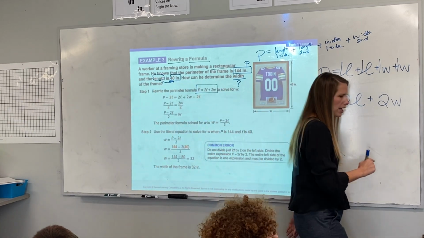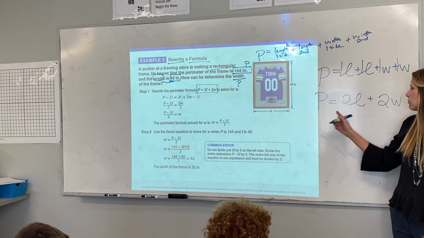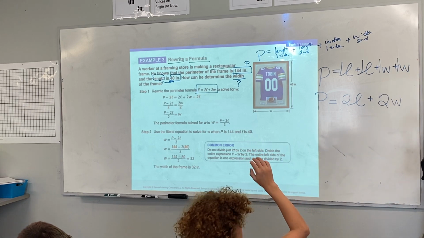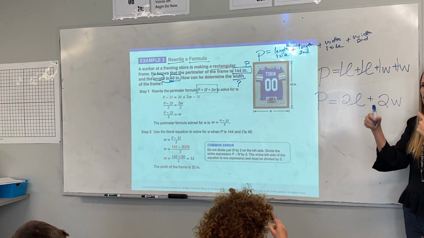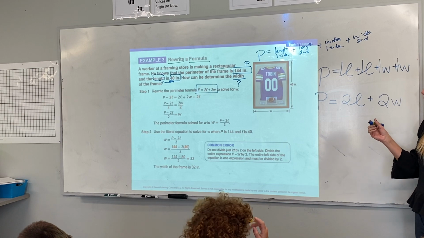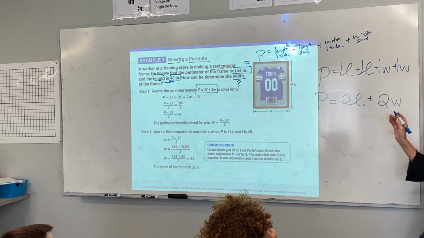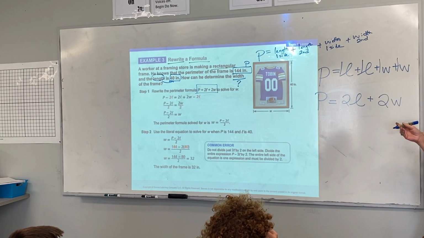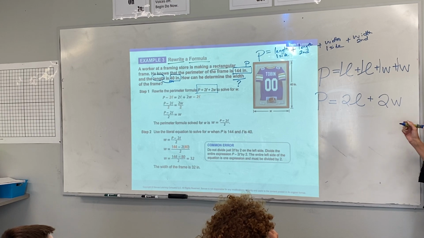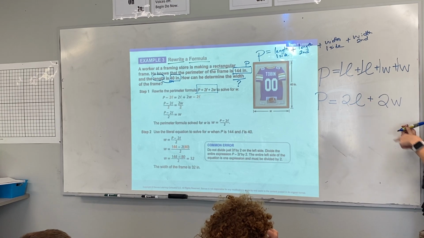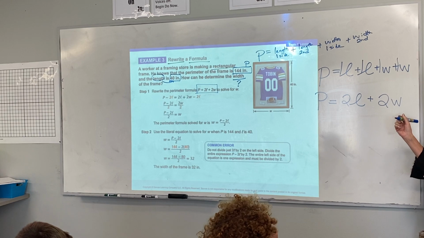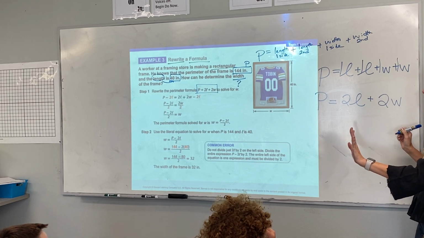What would be the first thing that I would need to do to rewrite this to solve for W? Yes, Gracie? P equals. Yeah, P equals. No, I can't put P equals yet, because I actually need to start solving out. W equals. Do you want to try or not yet? Okay, Brianna. 144 equals. Hold off on the numbers.